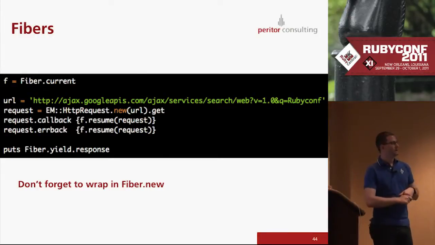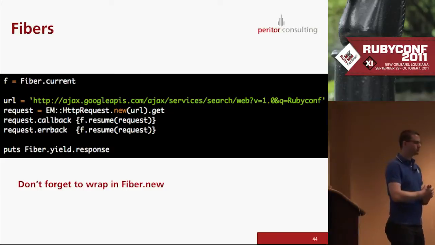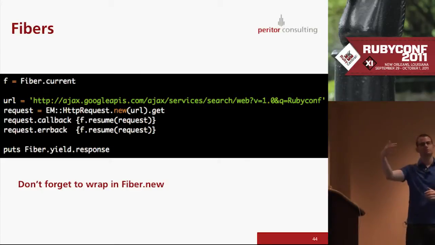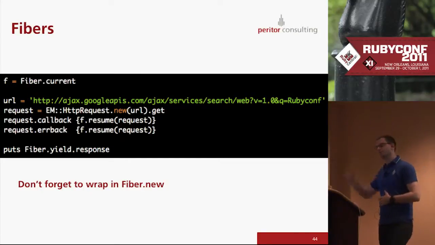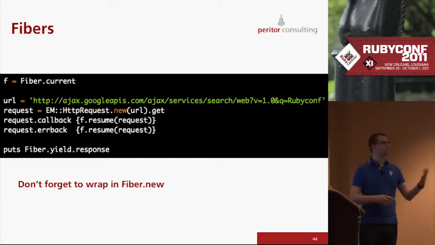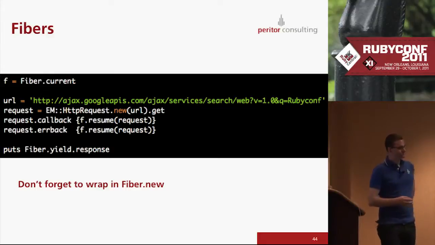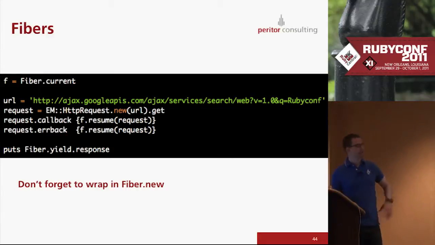So in our case, on the last line we yield the control back to the fiber that controls us, or to the main thread, because we're waiting for the response. And inside the callbacks, we say that we want to resume control because now we got what we waited for. So the actual line of code that allows you to do this synchronously is the last one.